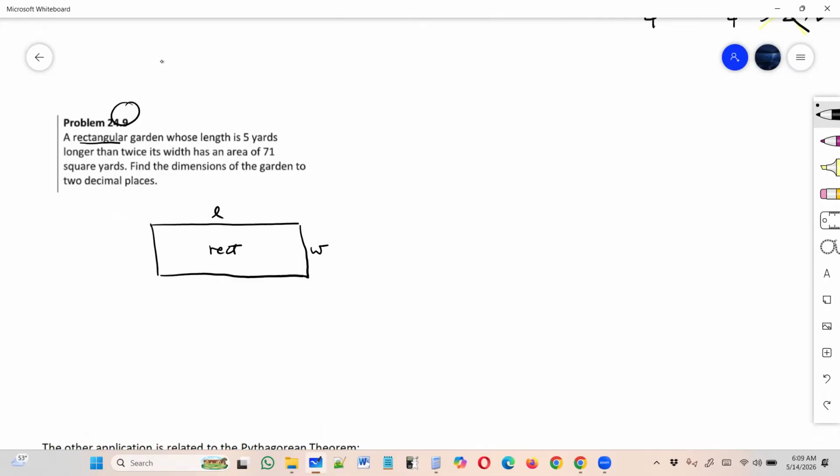So the length equals 5 yards longer, 5 plus twice the width, right? So the length is 5 yards longer plus twice the width.